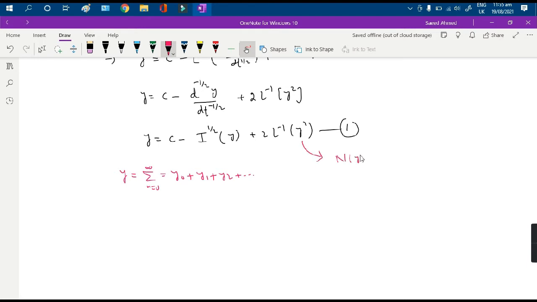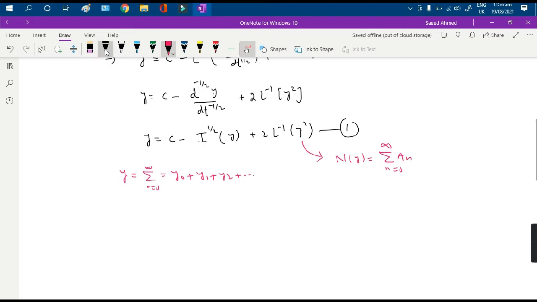The nonlinear term, N(y), is decomposed as the summation from n=0 to infinity of A_n, where A_n are Adomian polynomials. So remember, when applying the Adomian decomposition method, we break y into two different categories: the linear y's are decomposed like this infinite series, and the nonlinear y's are decomposed by Adomian polynomials.